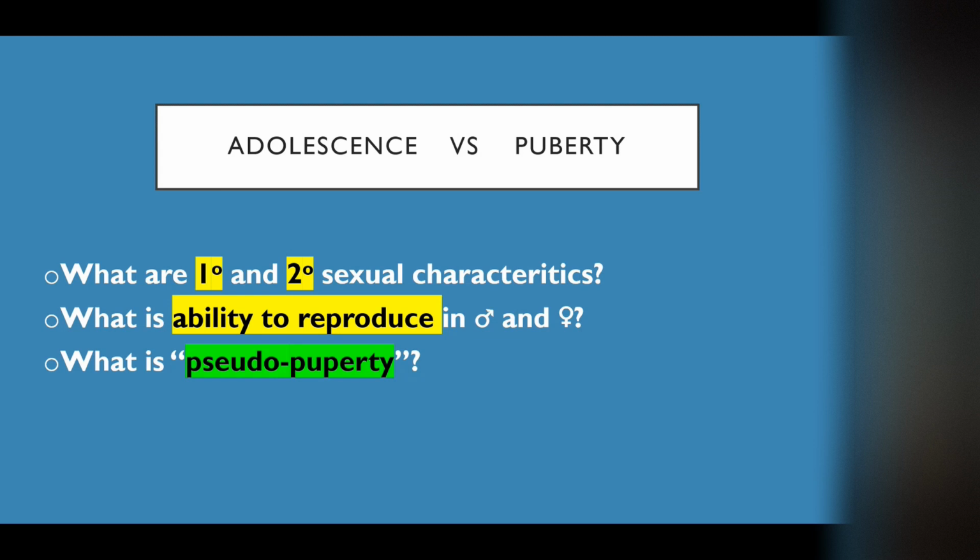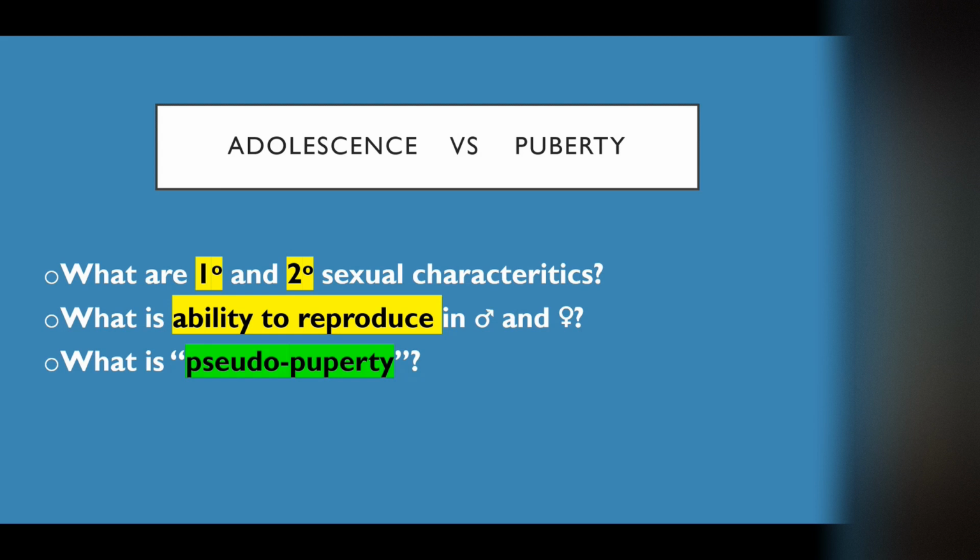Secondary is where you start developing the characteristics, for example for males, a broad chest. You're right, but tell me again the proper definition for primary sexual characteristics. Biologically apparent. Yes, this is a better definition.